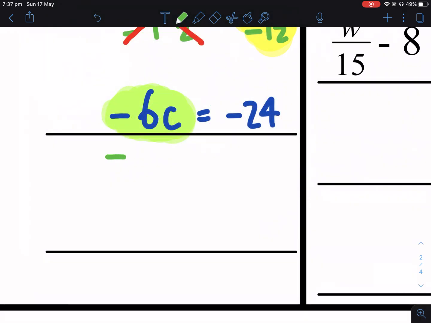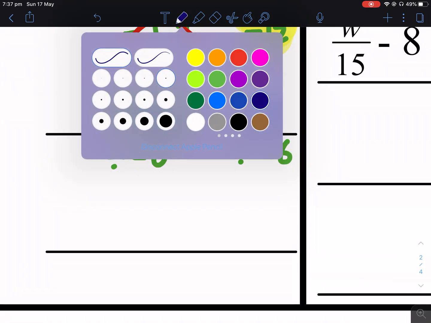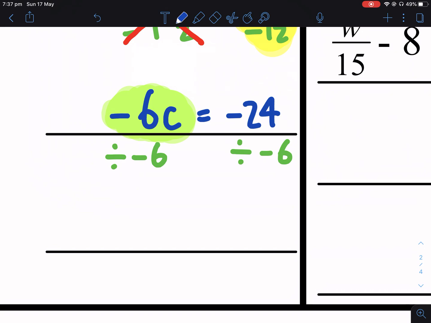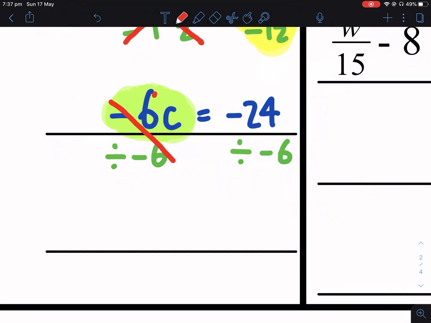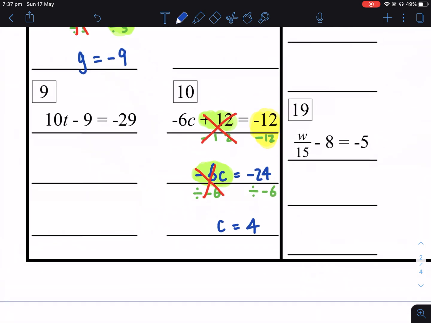So we divide by negative 6. So we end up with, oh, wrong color, negative 6 divided by negative 6, they disappear. So that's just c equals, and now negative 24 divided by negative 6 is positive 4. And I don't write a plus.